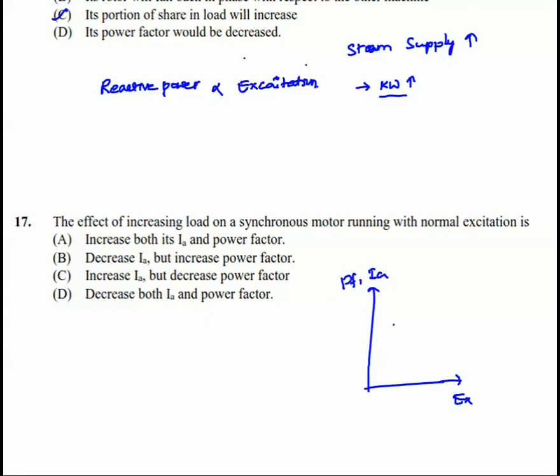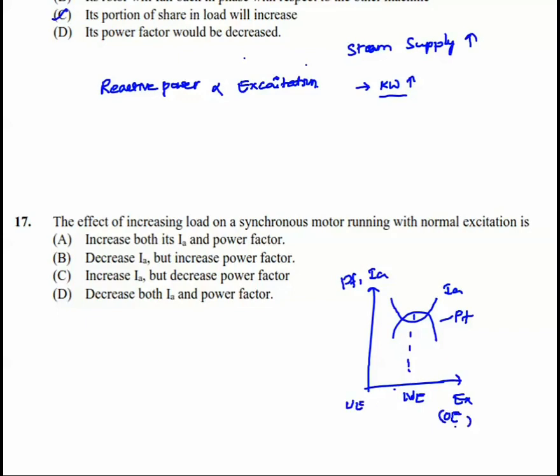Now here, this is going to be the power factor curve, and this is going to be our armature current. I'm just drawing roughly here. So here we have normal excitation, to the left we have under excitation, and here we have over excitation.